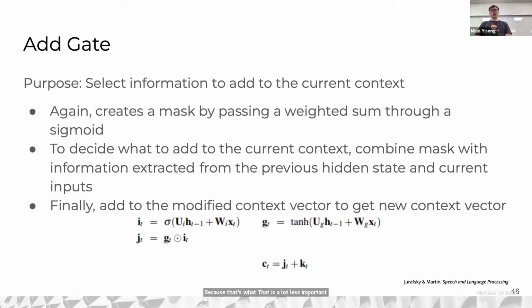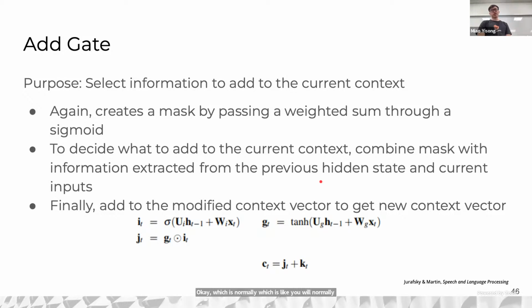There's also the add gate, which is to select information to add to the current context. Again, you create a mask and then combine the mask with the information extracted from the previous hidden state and the current inputs, which is what you would normally do for a normal recurrent neural network.